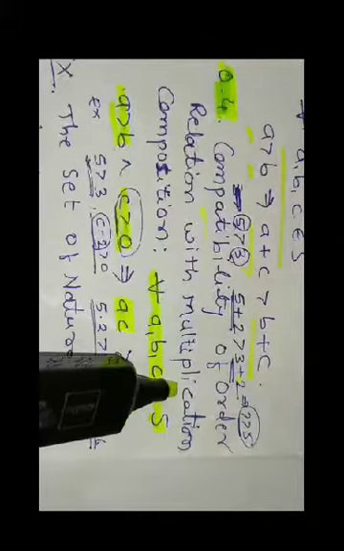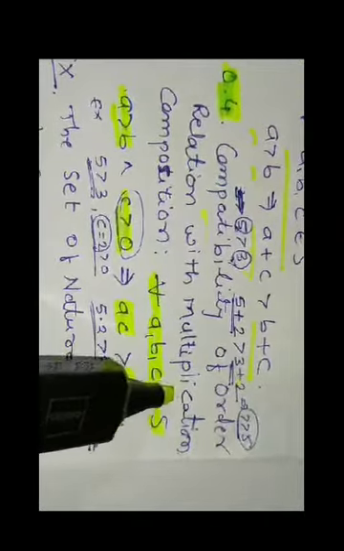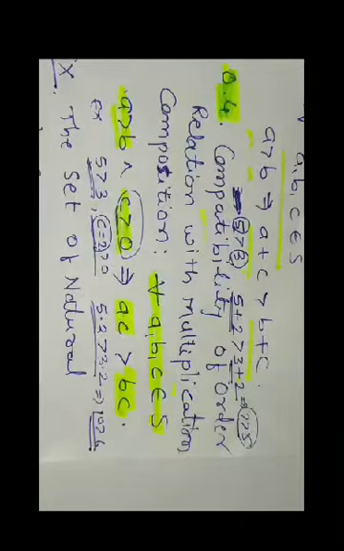Order 3, that is compatibility of the order relation with addition composition. And order 4, that is compatibility of order relation with multiplication composition. If these 4 properties are satisfied by any field S, then that field S is said to be an ordered field.